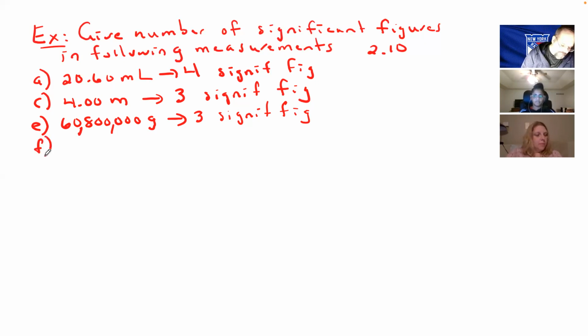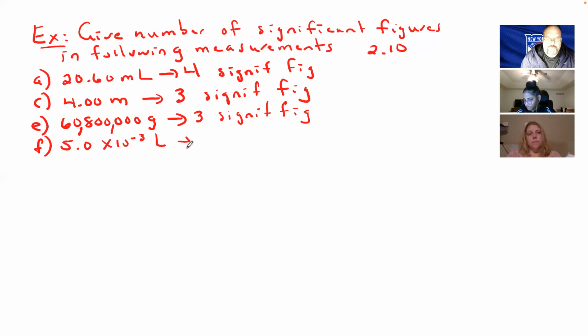All right. Take a look at one more. This one here I want to just point out: 5.0 times 10 to the minus third liters. On occasion, you're asked to give the number of significant figures in a number written in scientific notation. So this is a little bit different.